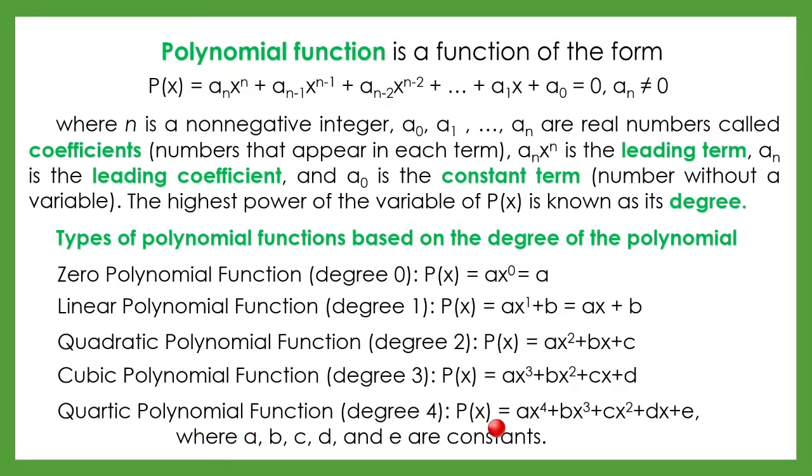We have p of x equals ax raised to 4 plus bx cubed plus cx squared plus dx plus e. So, ang highest exponent or highest power ng variable is 4. Tinatawag na quartic polynomial function, where a, b, c, d, and e are constant. So, mga coefficients yung a, b, c, d, and e.